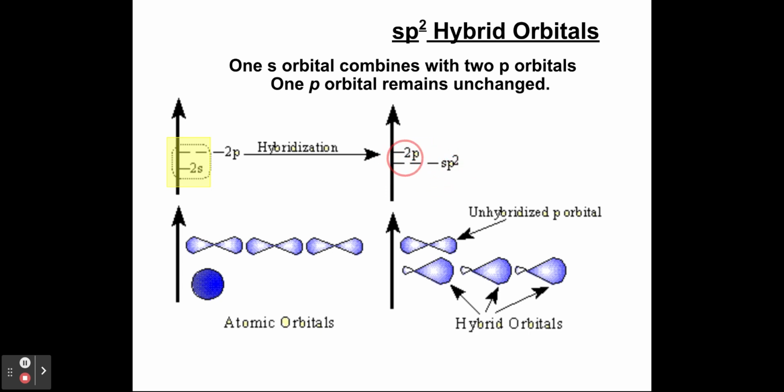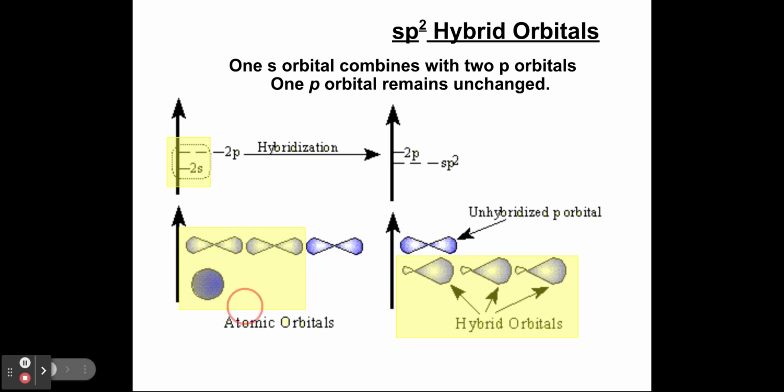So the pairs of electrons on your molecule are going to involve the sp2 orbitals. And since you have 3 hybrid orbitals, that's going to allow it to have a certain shape, like a trigonal planar shape. Here's again a picture of it down here. You have your s orbital, and it's going to hybridize with 2 p orbitals, and then you get the 3 hybrid orbitals.